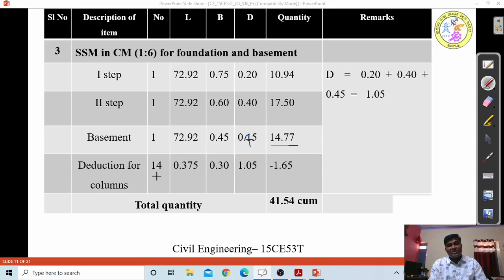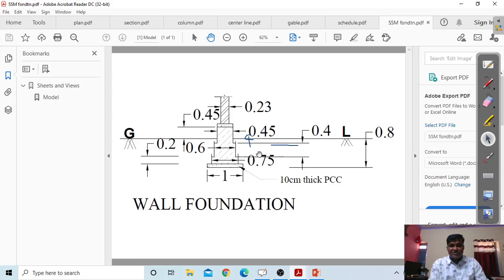So after this I have to deduct for columns. What is the size of the column at that depth? In this wall foundation, the stone masonry will be provided from the depth of 0.8 minus 0.1, that is from 0.7 meter depth.